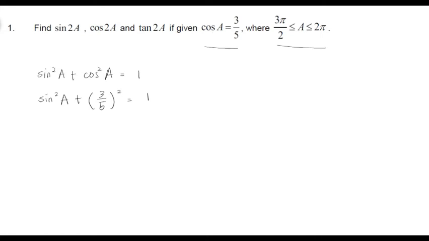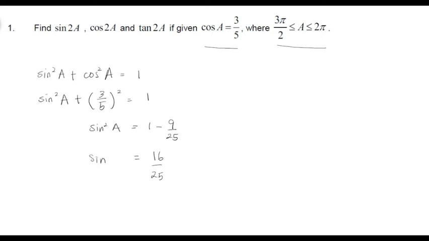So sine squared A equals 1 minus 9 over 25, which is 16 over 25.